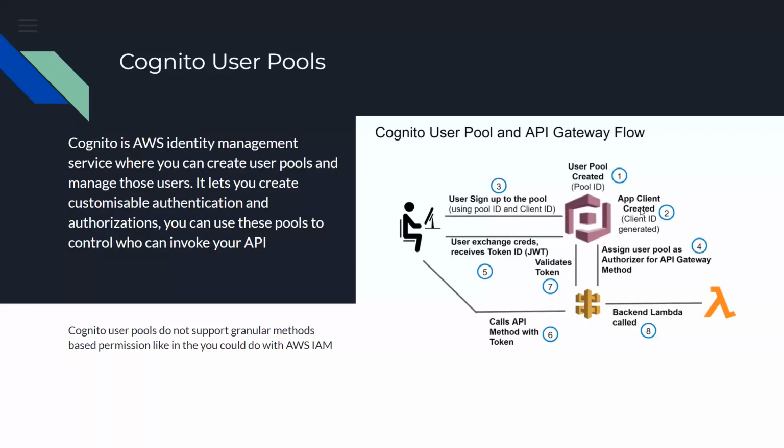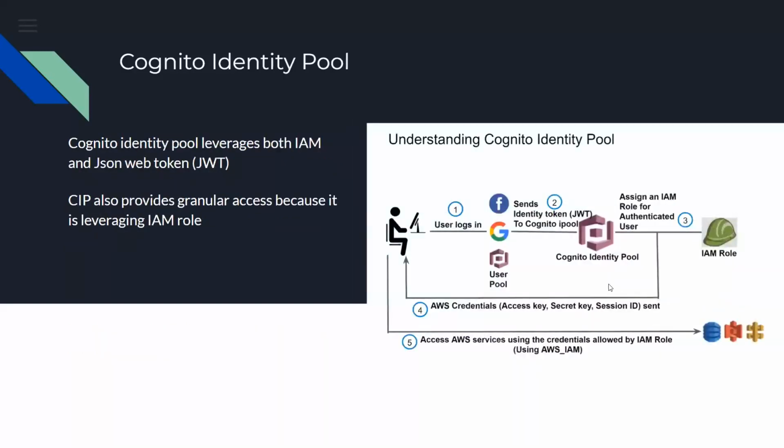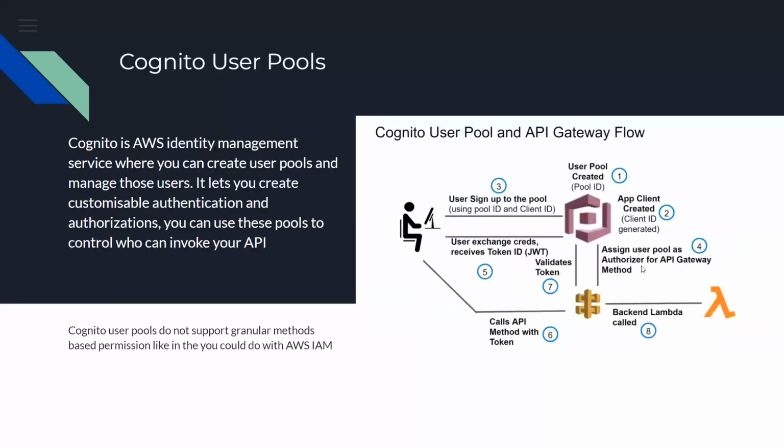When you're creating this account, you can assign the user pool as authorizer for an API gateway method. After I've created this user pool and this is my client ID, you'd make a specific request that when an API method is coming, if someone is sending in a GET request, the request should have an authorizer on it.